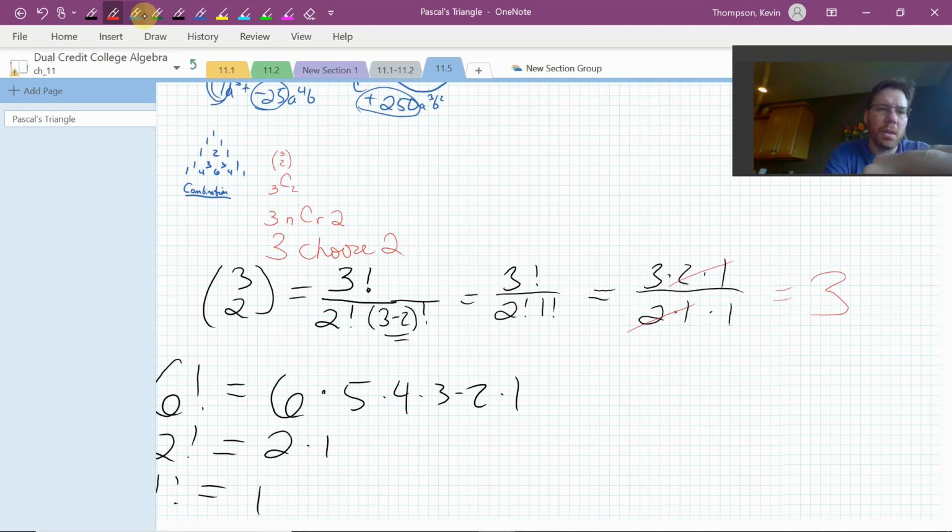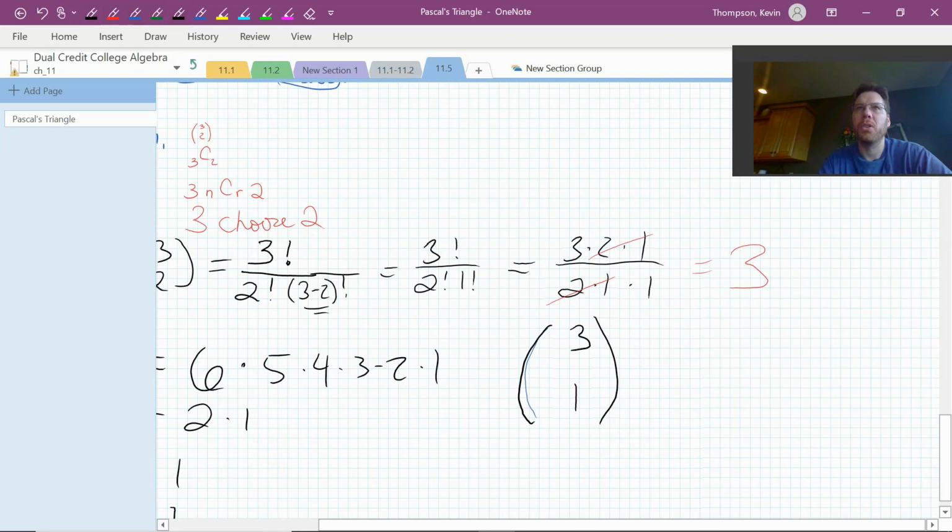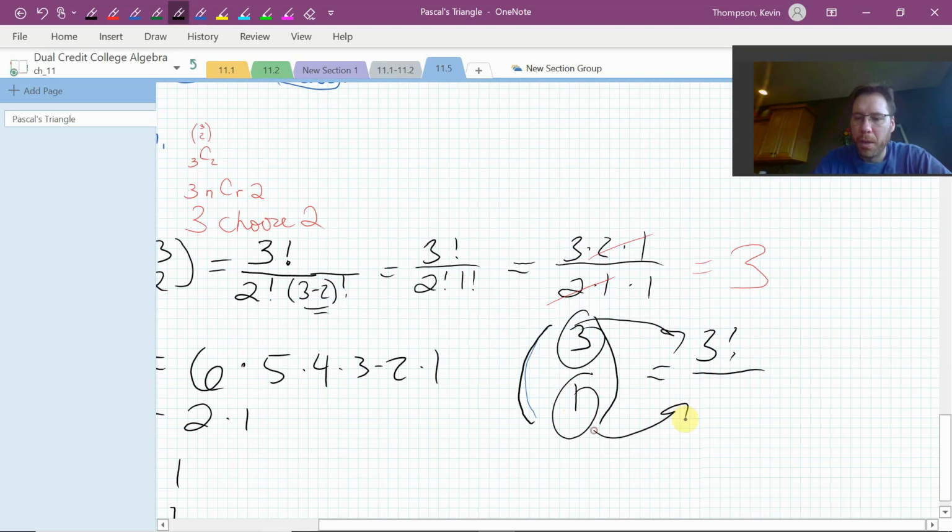Also, if I were to do this calculation, 3 choose 1, that would say 3 factorial, the number on top, over 1 factorial, the number on bottom, times the difference between the two numbers, 3 minus 1, which is 2 factorial. And notice that that's really the same calculation.